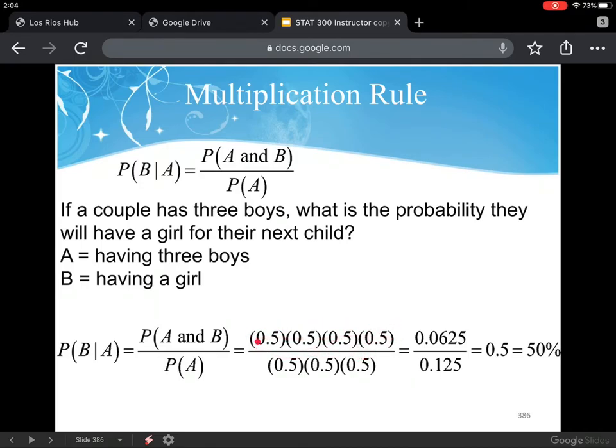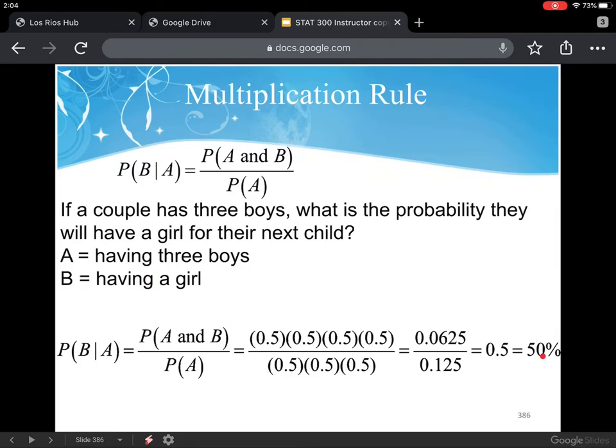You just multiply 1/2 by itself. The other thing would be the probability of A, which is having 3 boys. That would just be 1/2 multiplied by itself 3 times. If you divide the two, 0.0625 by 0.125, you get 0.5 or 50% chance.